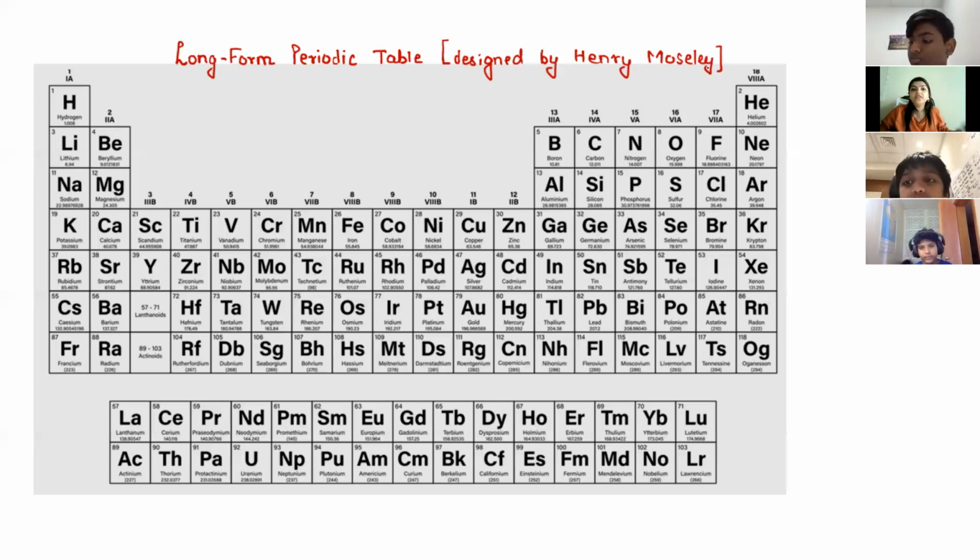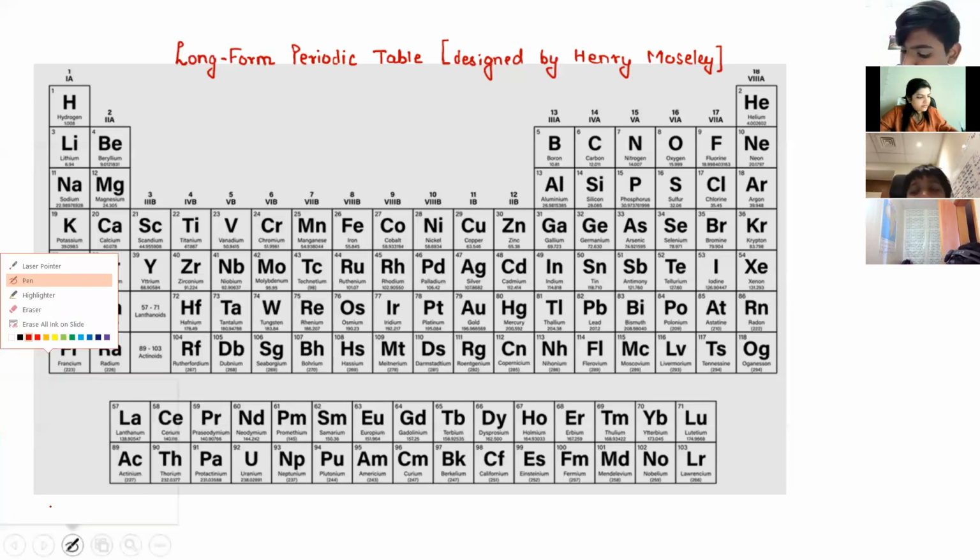But yes, it is not the only scientist who had worked upon periodic table. There are many other scientists as well who have worked upon the periodic table, like we have Mendeleev, we have Newland, but all that is history, which we are not going to go in detail. But this periodic table is designed by Henry Moseley and it is called as long form periodic table.